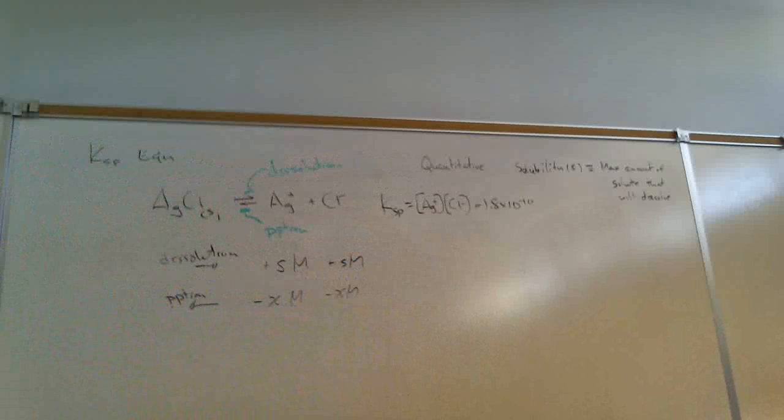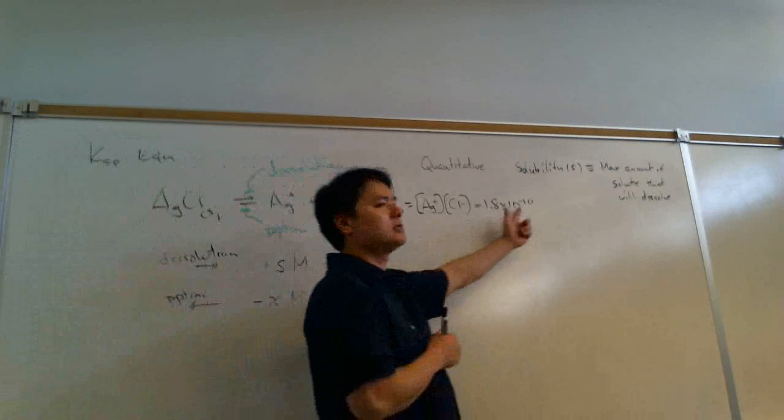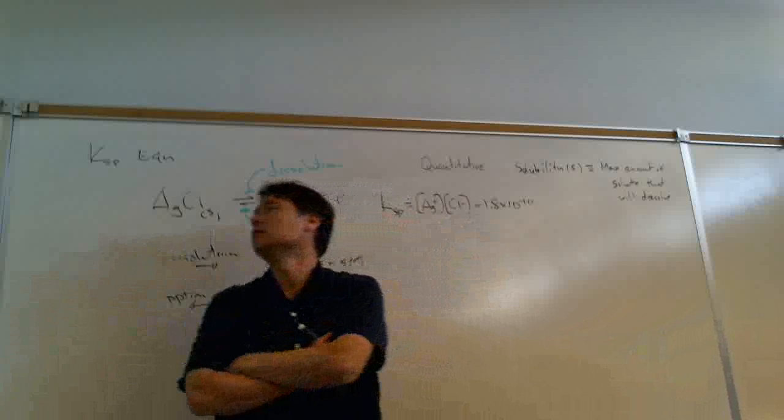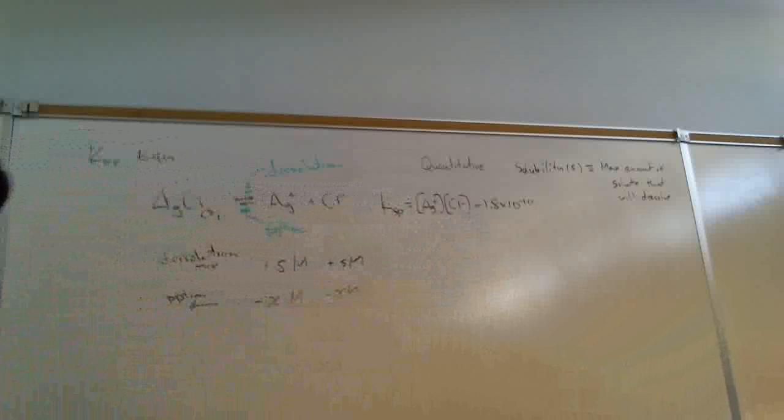I forgot to mention this in the morning class, but one of the things we can do is look at the solubility product and try to predict the solubility. So this one has a KSP of 10 to the minus 10, the product of the ion concentrations. This one has a KSP of 10 to the minus 11. Okay. So which one's more soluble?